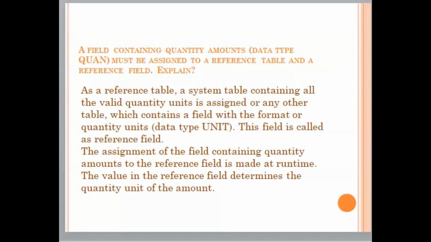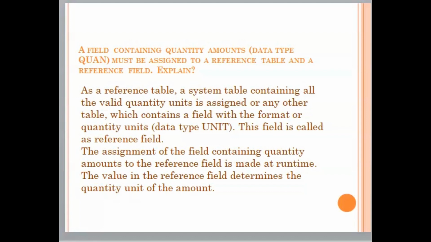A field containing quantity amounts, data type quantity, must be assigned to a reference table and a reference field. Explain. Answer. As a reference table, a system table containing all the valid quantity units is assigned, or any other table which contains a field with the format of quantity units, data type unit.